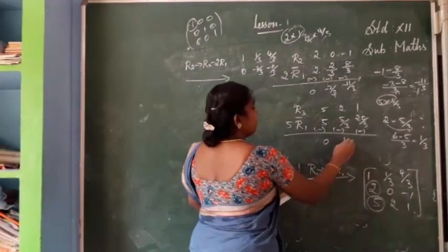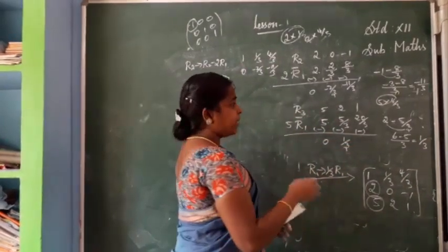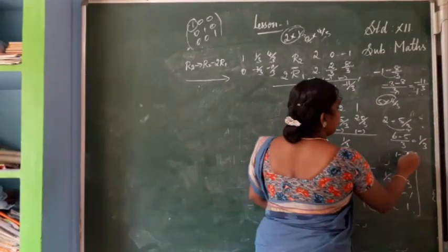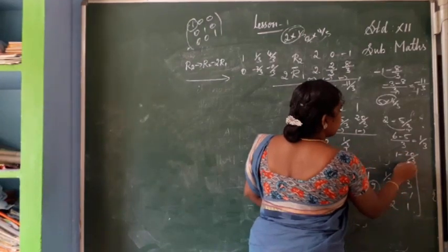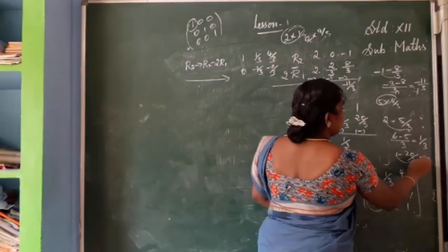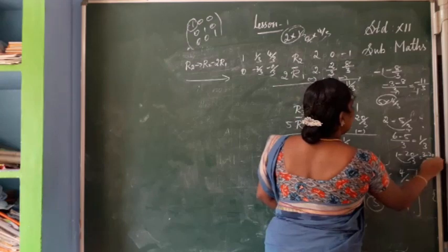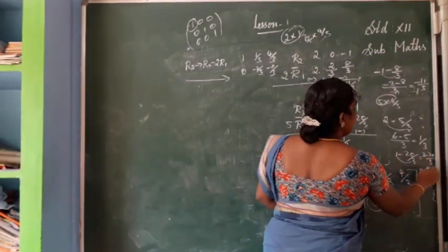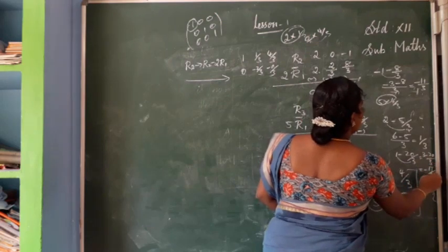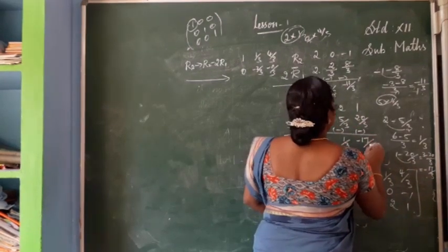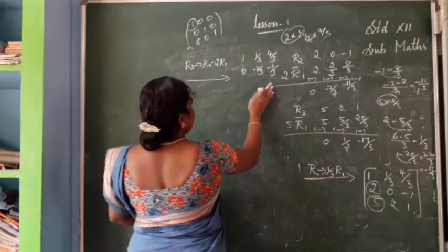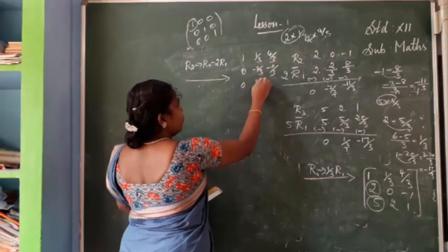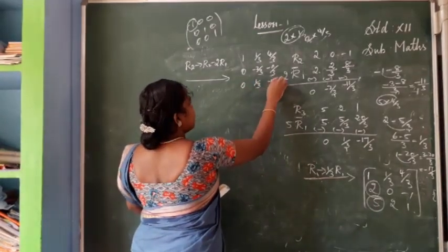Next element, 1 minus 20 by 3: 3 into 1 is 3, 3 minus 20 is negative, so minus 17 by 3. Now the third row you can write as 0, 1 by 3, minus 17 by 3.